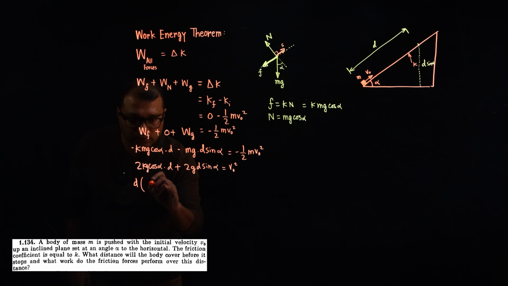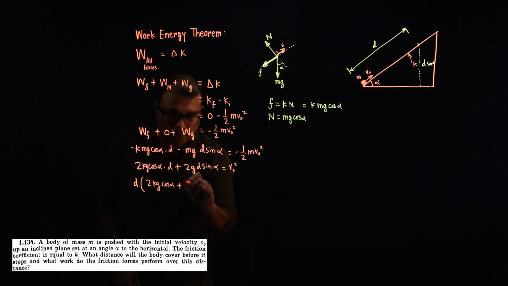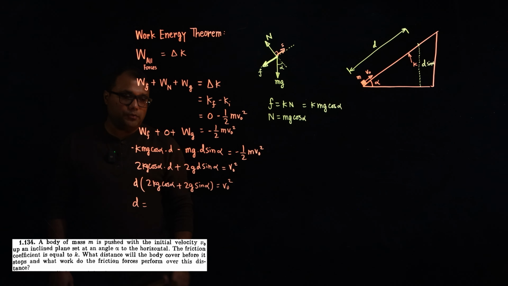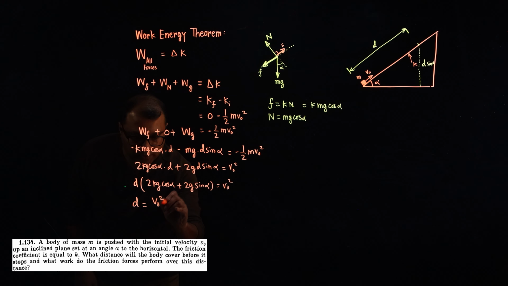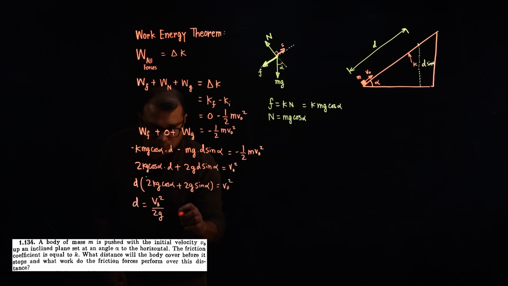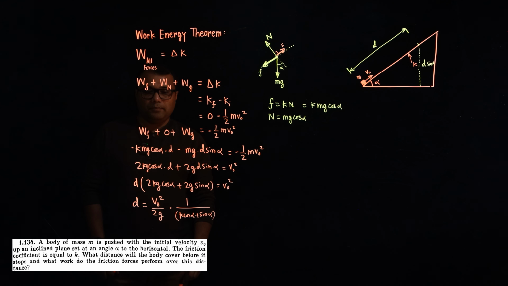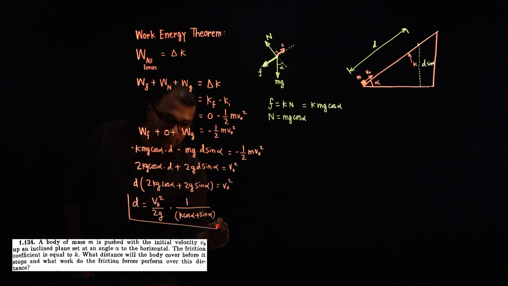We take d common: d times (2kg cos alpha plus 2g sine alpha) is equal to v0 square, or d is equal to v0 square by 2g times 1 by (k cos alpha plus sine alpha). Okay. So this is the value of d.